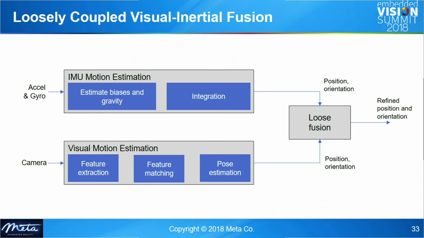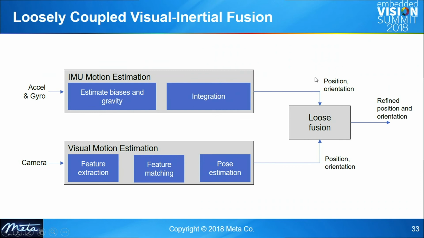In loosely coupled, we have a separate inertial sensor-based pose estimation system. We looked at the details of this at the beginning of my presentation, and separate from that, we have the Visual-SLAM or visual motion estimation that we just discussed in detail.